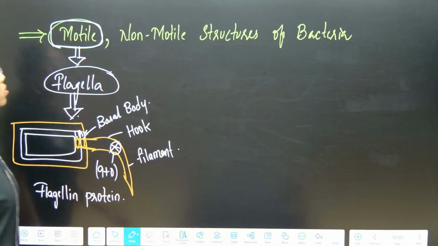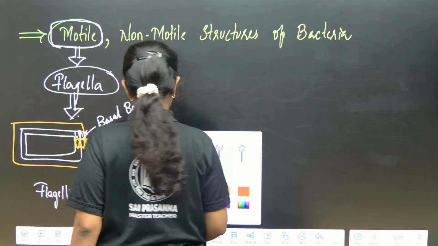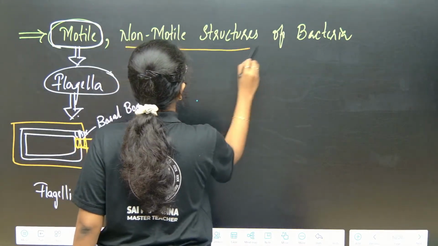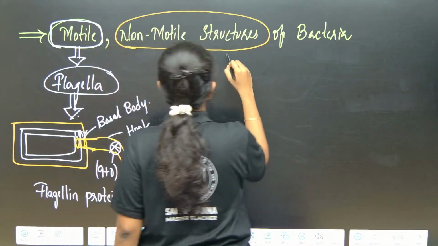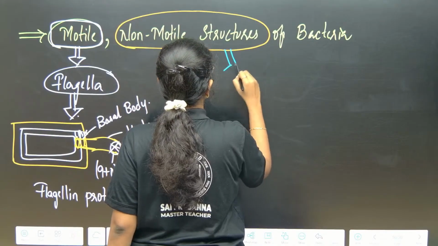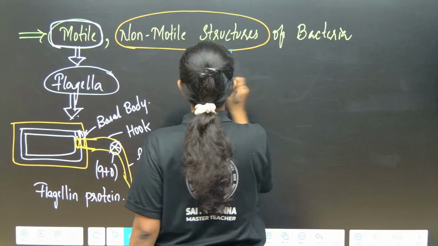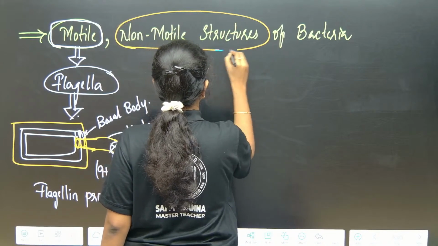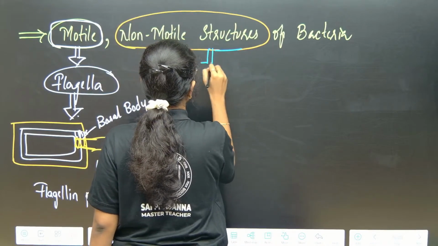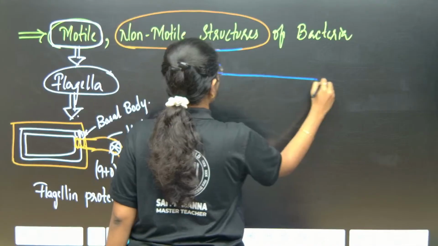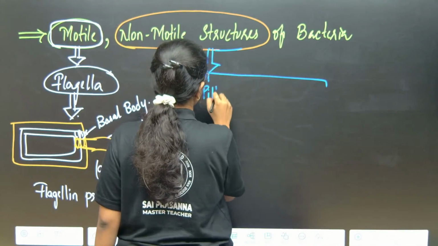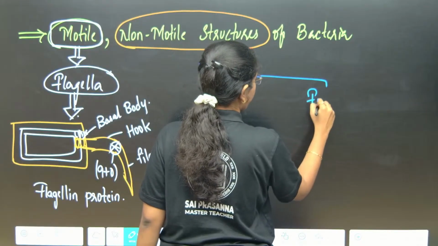Now, you see non-motile structures. Non-motile structures of a prokaryotic cell include pili and fimbriae.